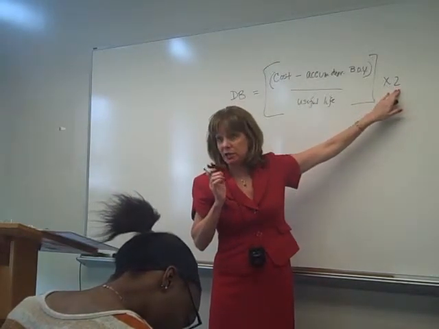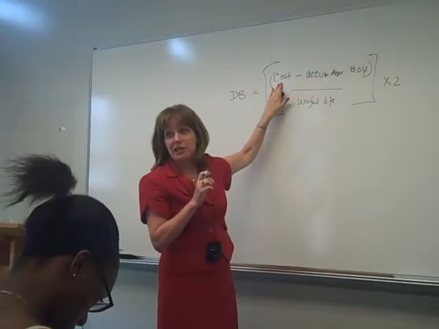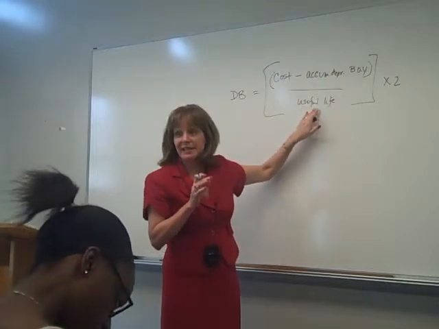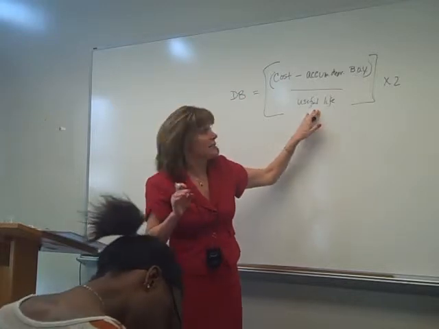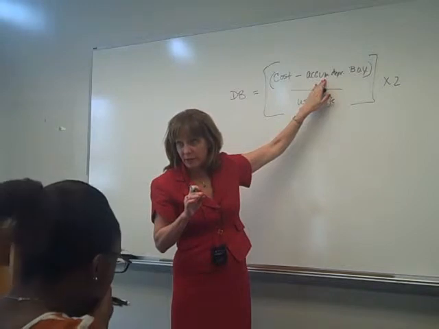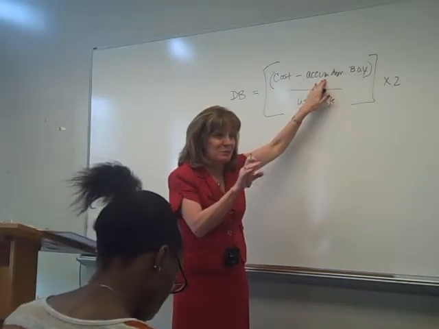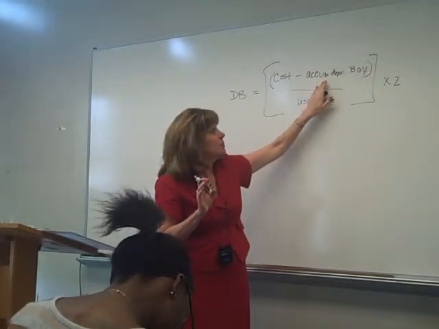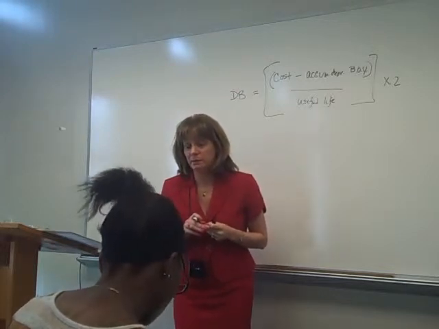That doesn't change. Every year we multiply it by 2. This doesn't change. Your cost is your cost is your cost. This doesn't change. Your useful life is estimated at the beginning, and it doesn't change. The only thing that changes every year is that number. Okay? And on the first 2, that number was static. Remember, it was salvage or residual or scrap. And that never changed. But this one does change every year. Are we good so far?